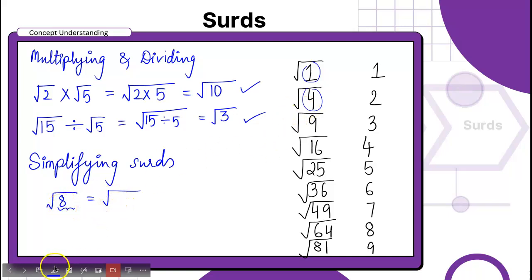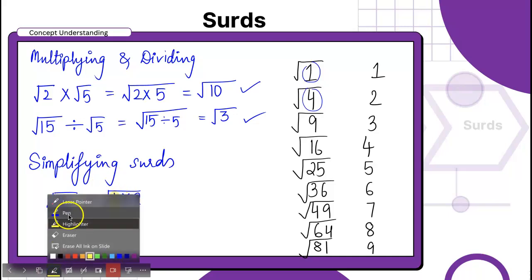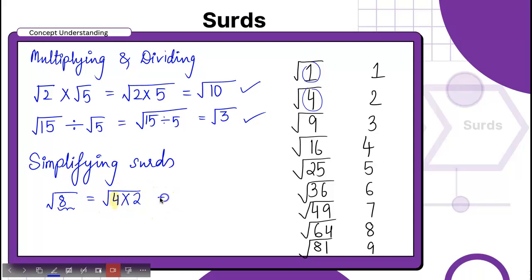It is 4, which is a perfect square number. So 8 can be written as 4 times 2. Out of all the factors, one should be the perfect square. So we can break it like this: square root of 4 times square root of 2. Square root of 4 is nothing but 2.